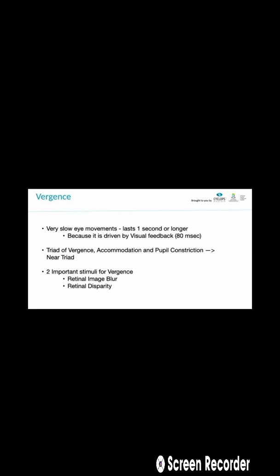So the neural pathways are also not that clear, but we are going to give the most putative neural pathway for the vergence.